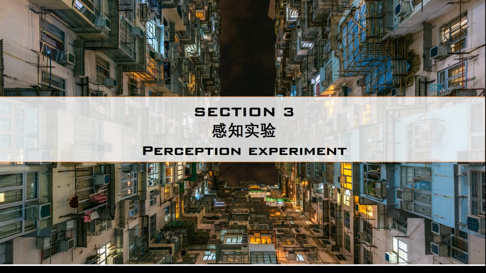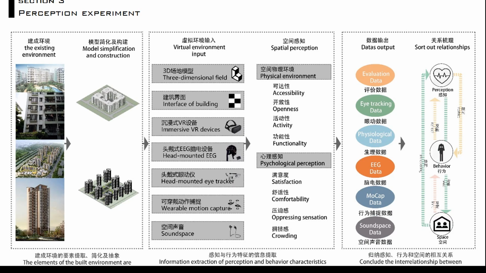Next, the perception experiment. The core of the study consists of three parts. First, the virtual environment input, through extracting, simplifying, and abstracting the elements of the built environment. Second, the perception of the virtual residential space includes the evaluation of the physical environment perception of the residential district and the psychological perception evaluation at the micro level.